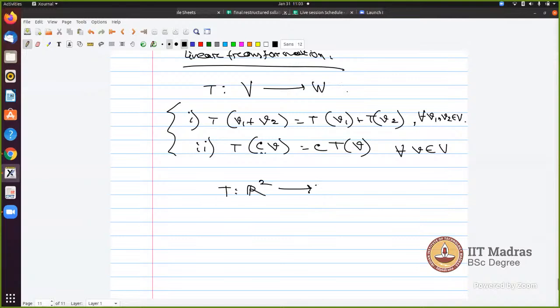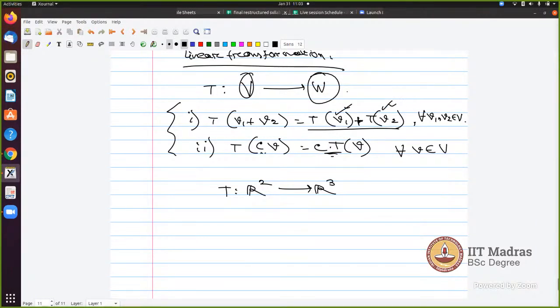Sir, what is W? W is a vector space. Both of those are vector spaces. W must be a vector space, otherwise on this side, how can we define this addition and this scalar multiplication? But here, for conditions 1 and 2, we are not using any elements from W. This T of v1 and T of v2 are in W, right?